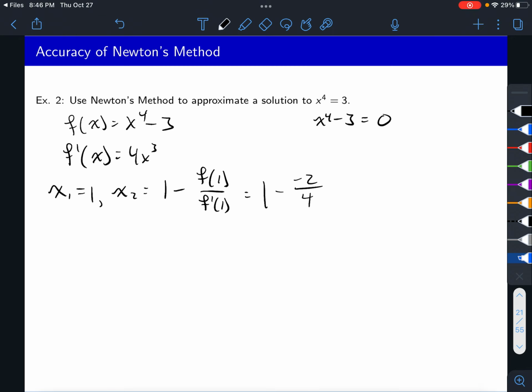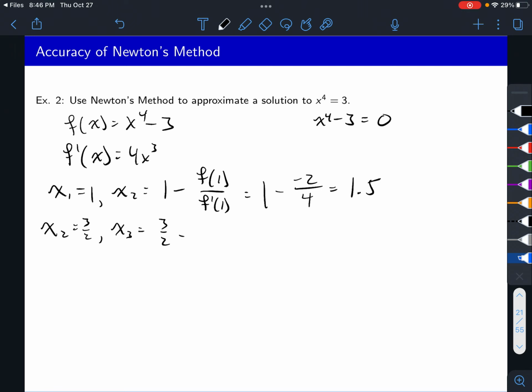And f prime of 1 is 4 times 1 cubed. So this is basically just 1.5. All right, so then x2 is equal to 1.5. I'll just write it as 3 halves.